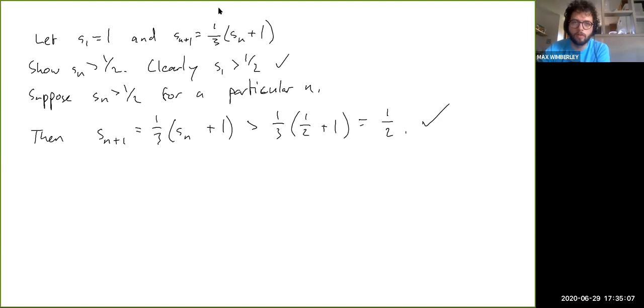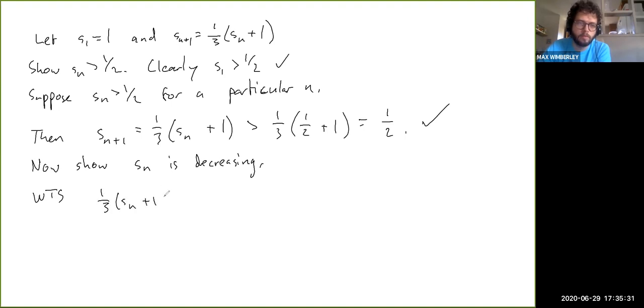So now let's show that Sn is decreasing. We want to show that 1/3 Sn plus 1 is less than or equal to Sn. This is the inequality we want to show, and we can just manipulate it.